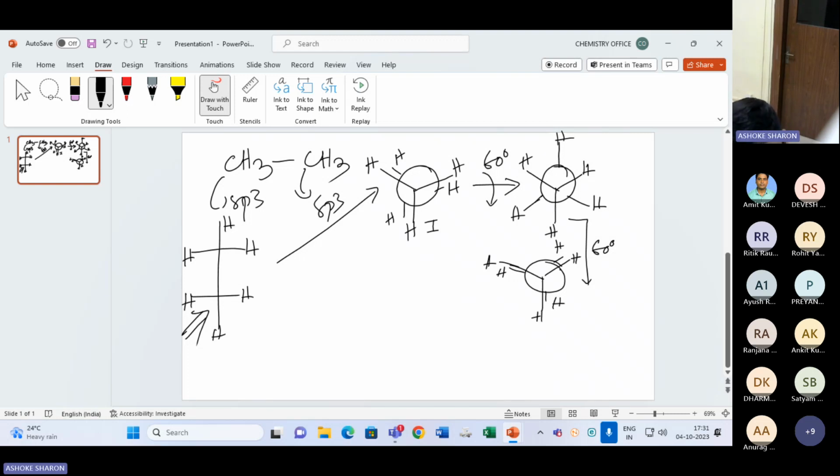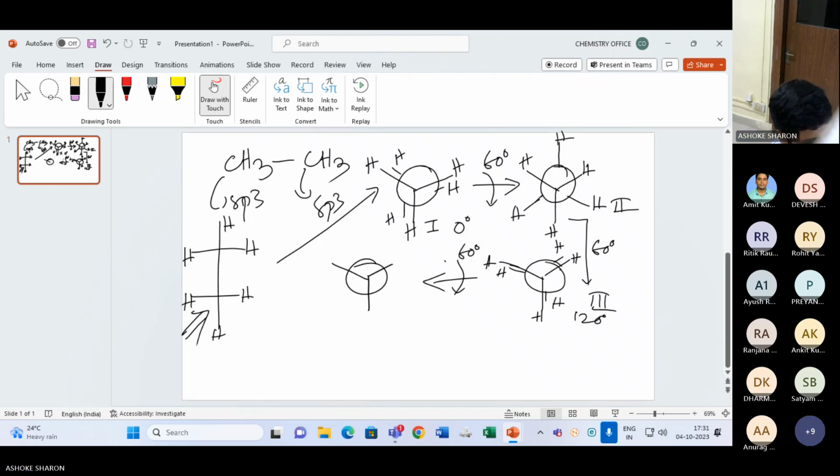This is structure 3. So this is a 0-degree structure, this is a 60-degree, this is a 120-degree structure. Now you rotate again 60 degrees. I consider this structure number 4, which you get after 180-degree rotation.